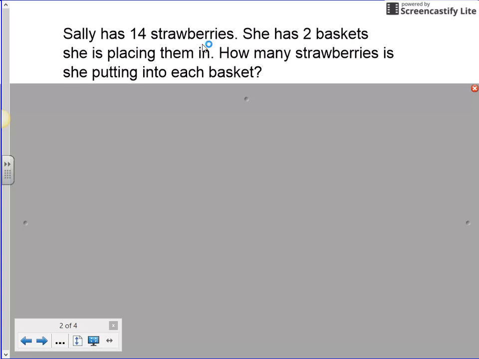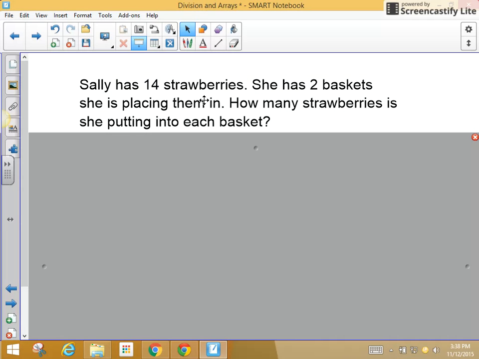Sally has 14 strawberries. She has 2 baskets she is placing them in. How many strawberries is she putting into each basket? Well, first of all, I want to know which one is my total number. 14 is my total number because she has a total of 14 strawberries. I'm going to put a T there to represent my total.